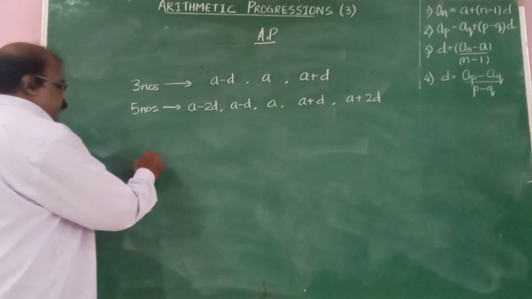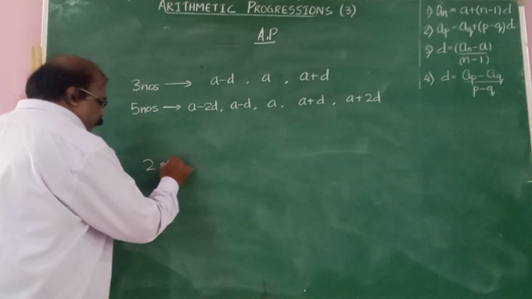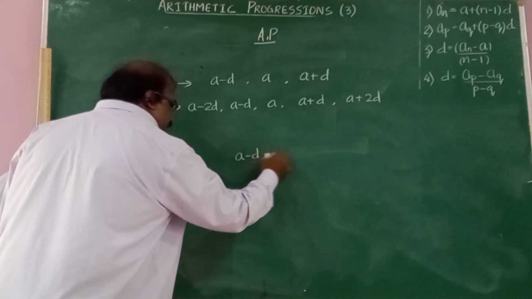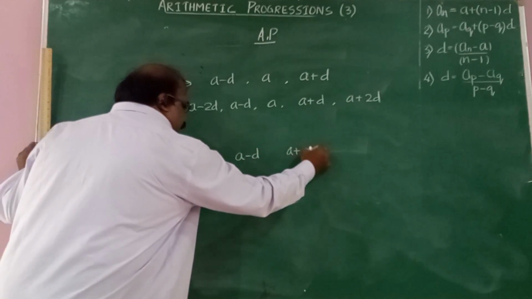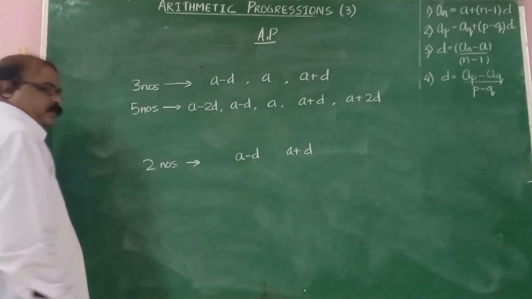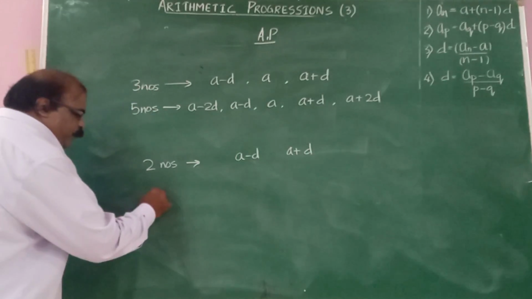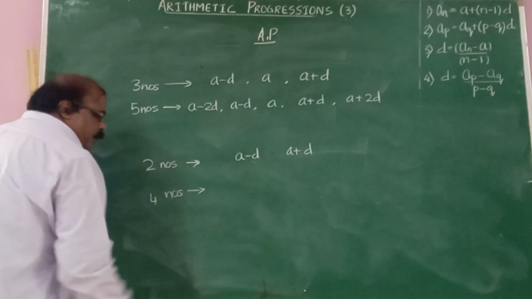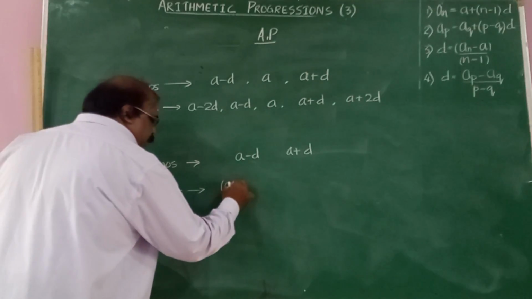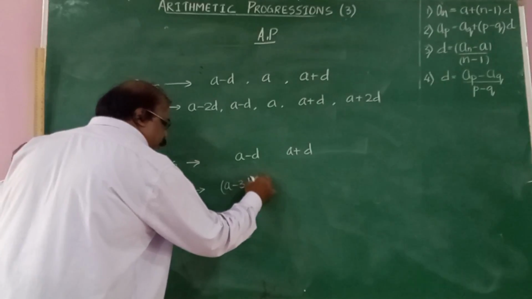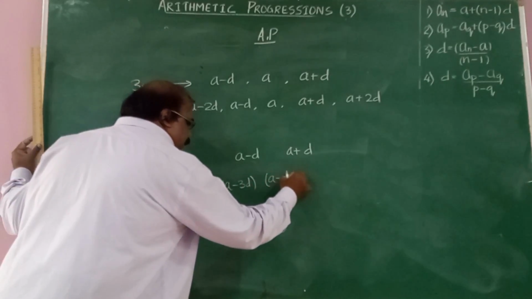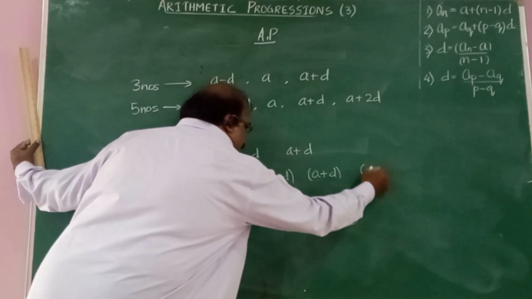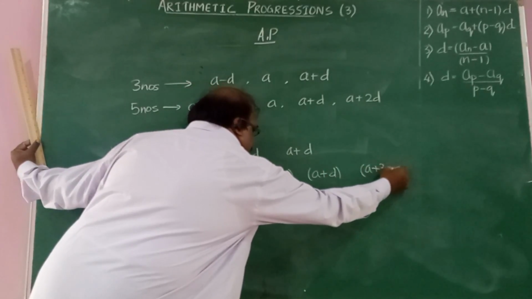If say 2 numbers are in AP, assume the terms to be A minus D and A plus D. If I say 4 numbers are in AP, assume your numbers to be A minus 3D, A minus D, A plus D and A plus 3D.